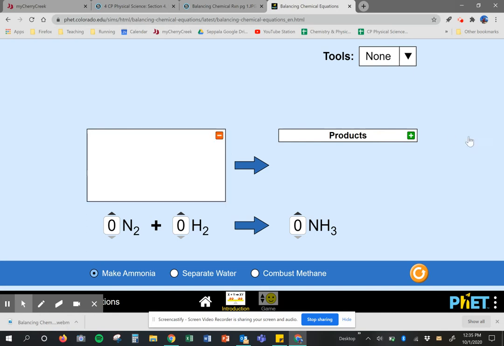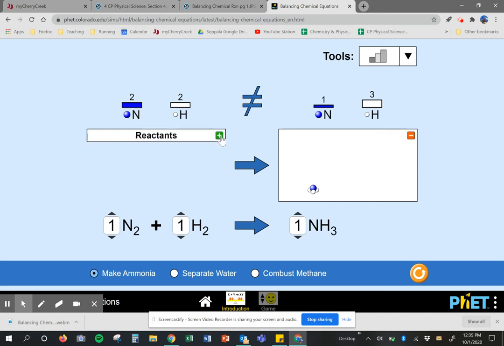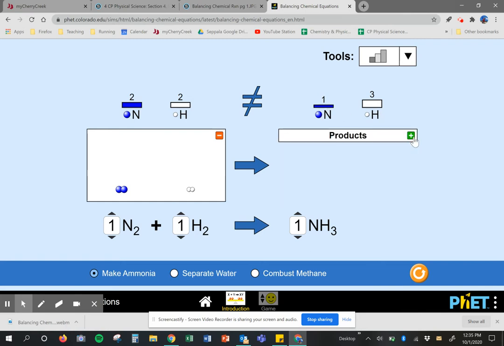The first thing we need to do on any of these problems is to make all of the coefficients at least 1. This program's great because it automatically does the atomic inventory for you. Right now we've got 2 nitrogens and 2 hydrogens on the reactant side, and we've got 1 nitrogen and 3 hydrogens on the product side.